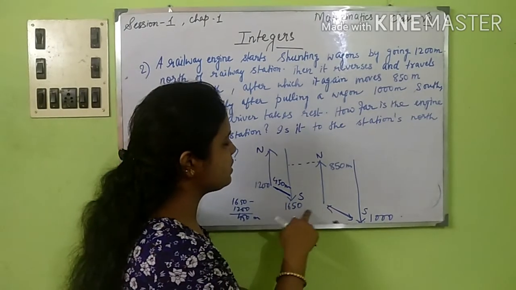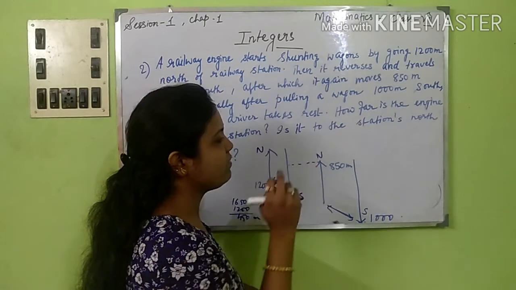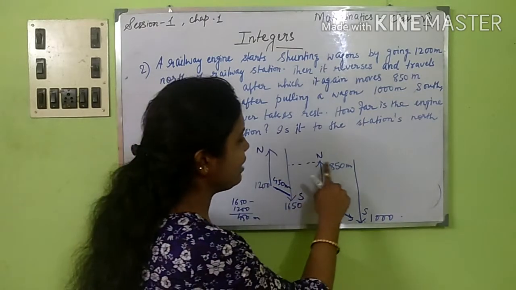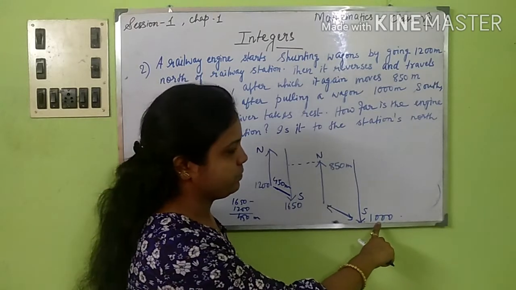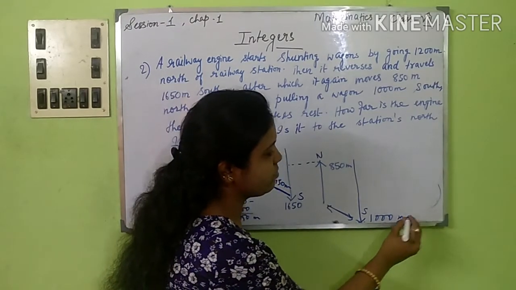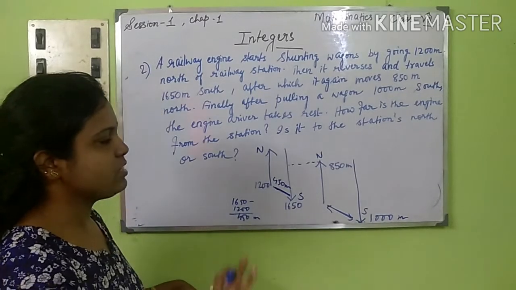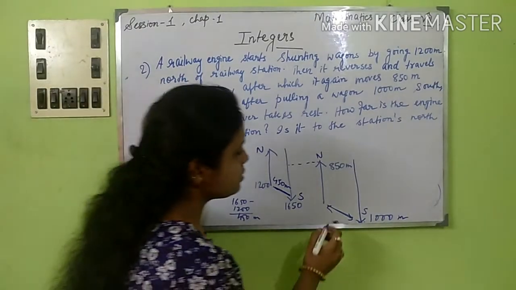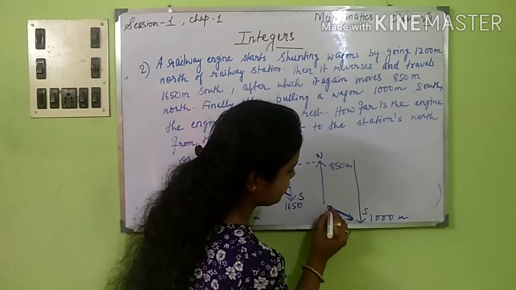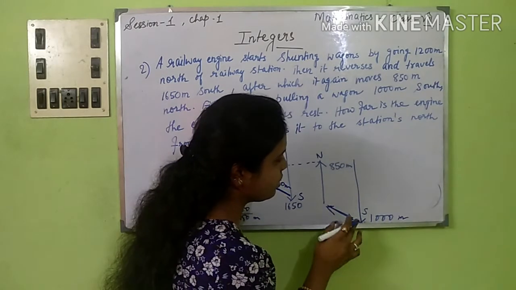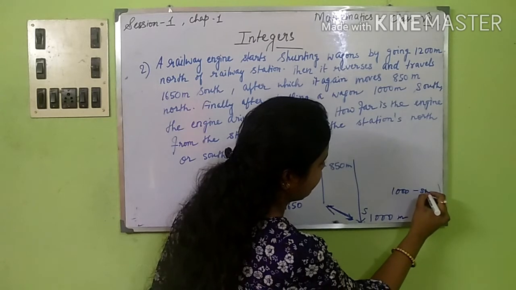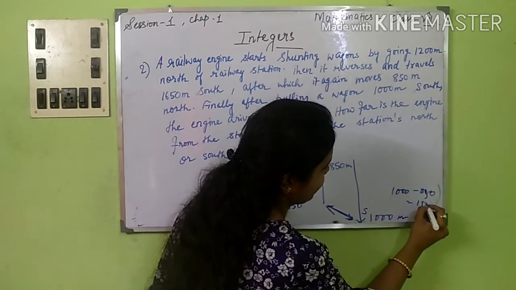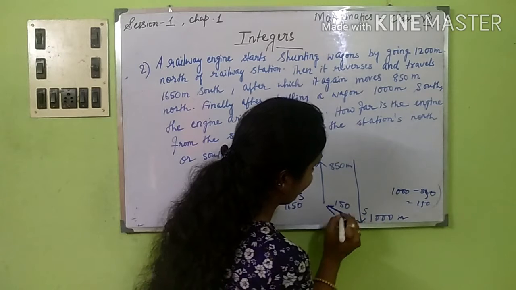Now after going 1650, it is again going 850 meters north, and from there it is coming down 1000 meter. As it reaches 1000 meter, the engine driver takes a rest. So what is the extra distance that it is covering? It is 1000 minus 850, that gives you 150. So here it is 150.